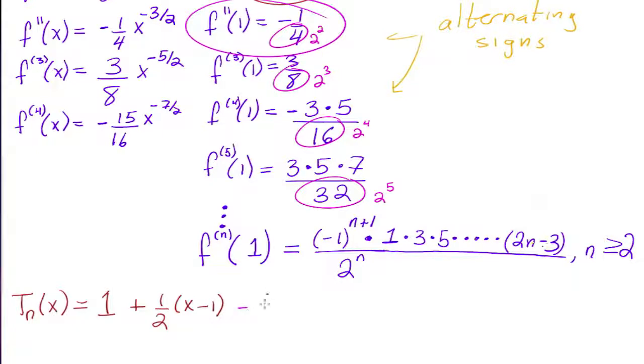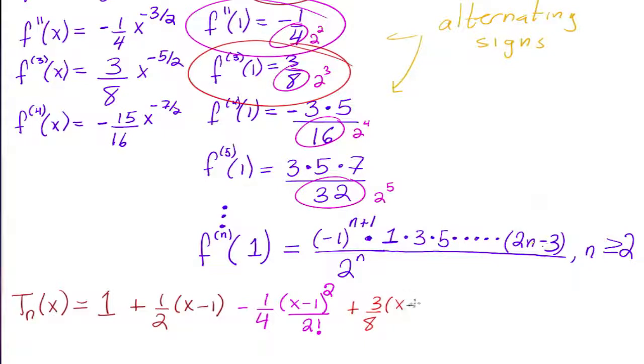Negative 1/4 times x minus 1 squared over 2 factorial. Yep. Okay. What's the next term? Plus 3/8 x minus 1 to the third power over 3 factorial.